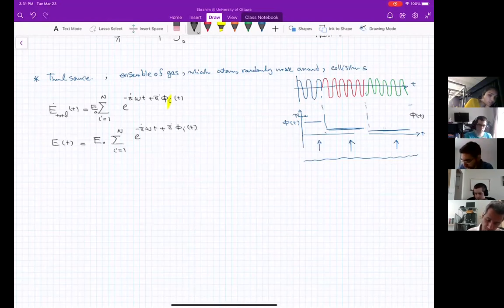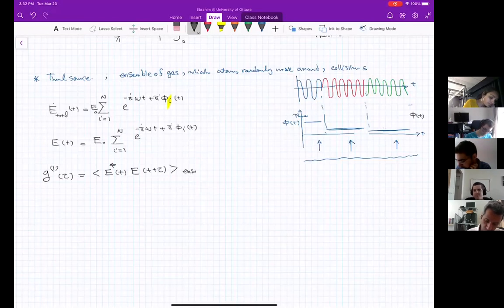How can I calculate the G1 function? Yes, the G1 function. I have to do the average of E(t) star, right, of E(t plus tau), over ensembles.